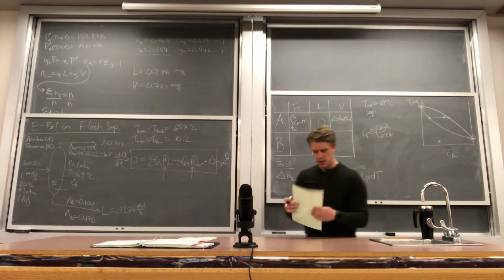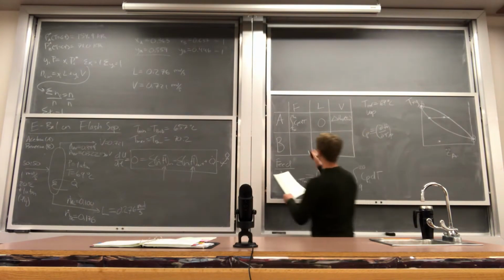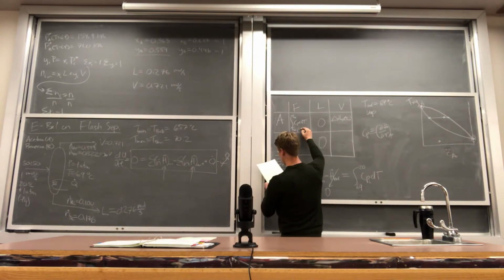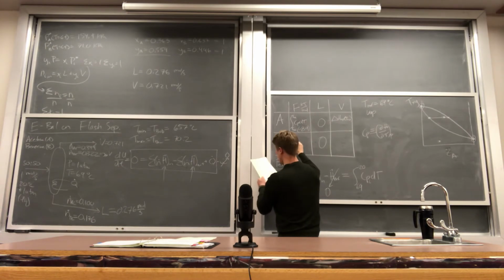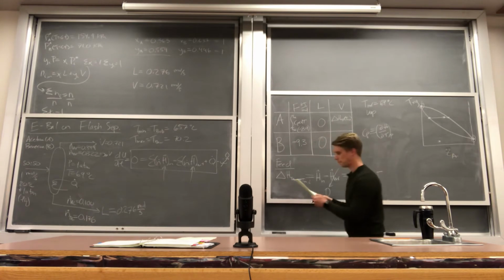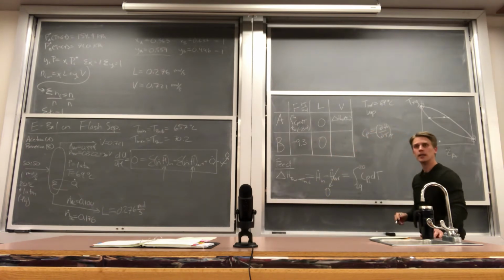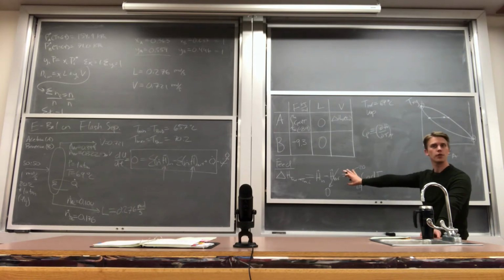So the numbers that we would get out if we were to crunch it, we would get minus, let's see, 8.9, and these are all in kilojoules per mole. And this one is minus 9.3. No different than what we've done so far.